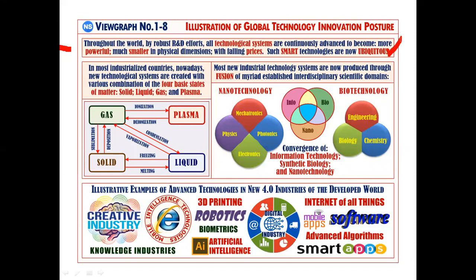Some of you who are mechanical engineers, I would like to bring to your attention that we do not use machinery anymore to make a part. We can produce a very complicated part nowadays by using 3D printing. So everything has changed so much. And these are smart technologies which are becoming ubiquitous for us.